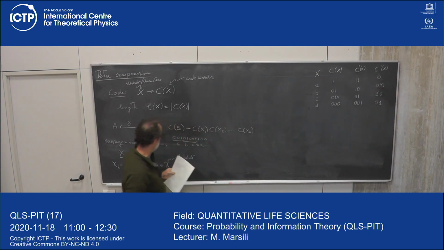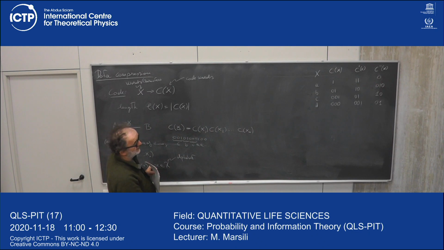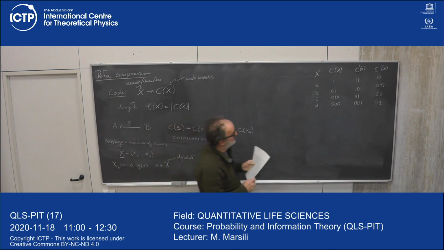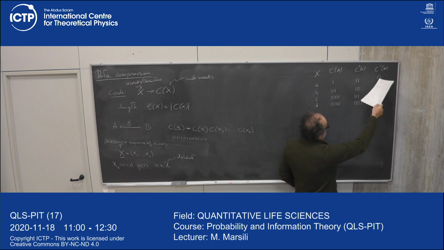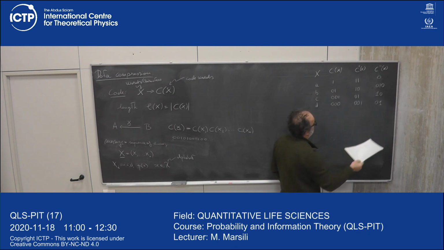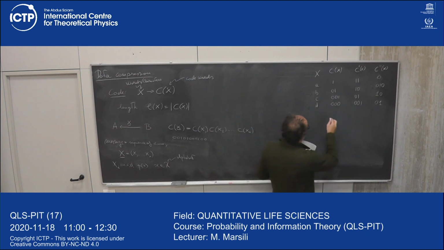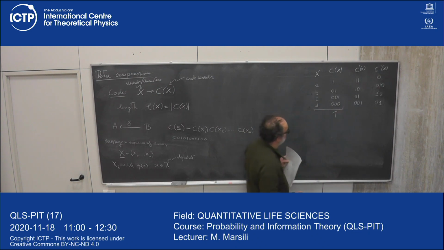So, for example, let's see in this example, and also here you see that when you have a 0, you don't know whether this is an A or a B, or the beginning of a B or the beginning of a D. Okay, so in some sense these are the types of codes that you would like to study.